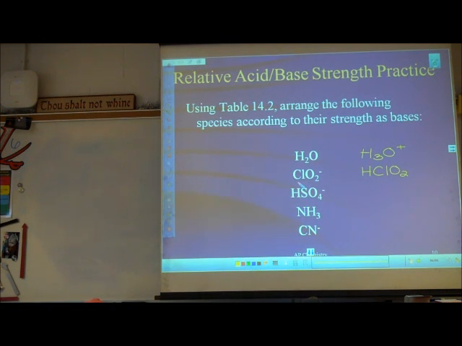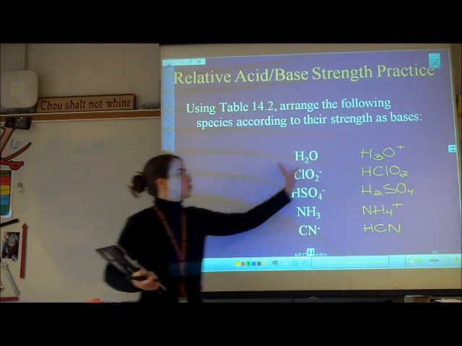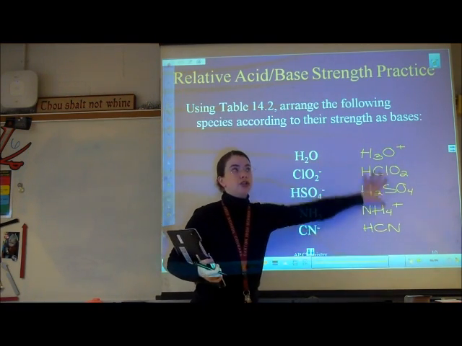What about this one? H2SO4. This one? NH4 plus, which you know by name as ammonium. And then this last one? HCN. Hydrocyanic acid. Okay, all I have done is taken these bases and turned them into their acids, their conjugate acids.